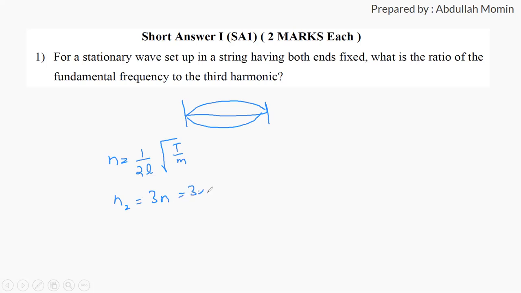So we will write 3 by 2L root T by M. So when you calculate the ratio of these two, this thing and this thing will get cancelled, and we will get the ratio as 1 by 3.